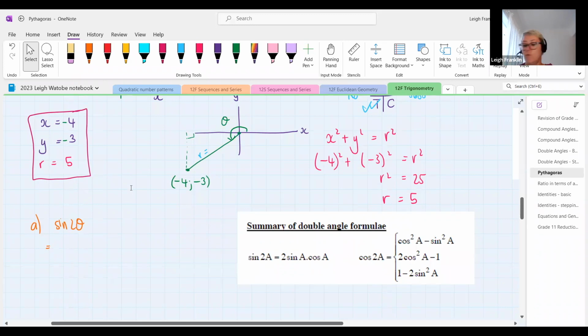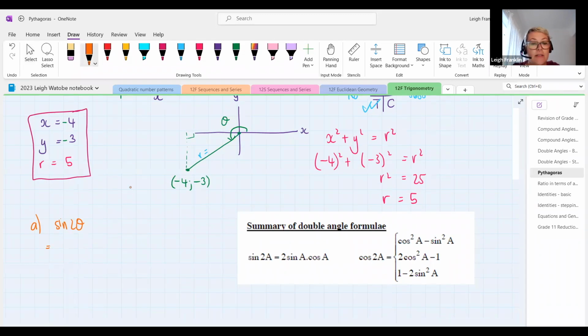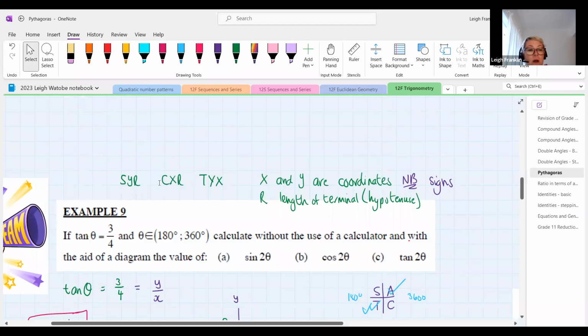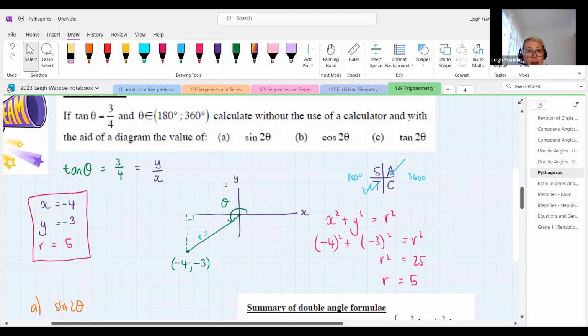We're going to expand it and write it as 2 sine theta cos theta. So this means 2 times sine theta, which is y over r. That's why we need to know SYR, CXR, TYX.